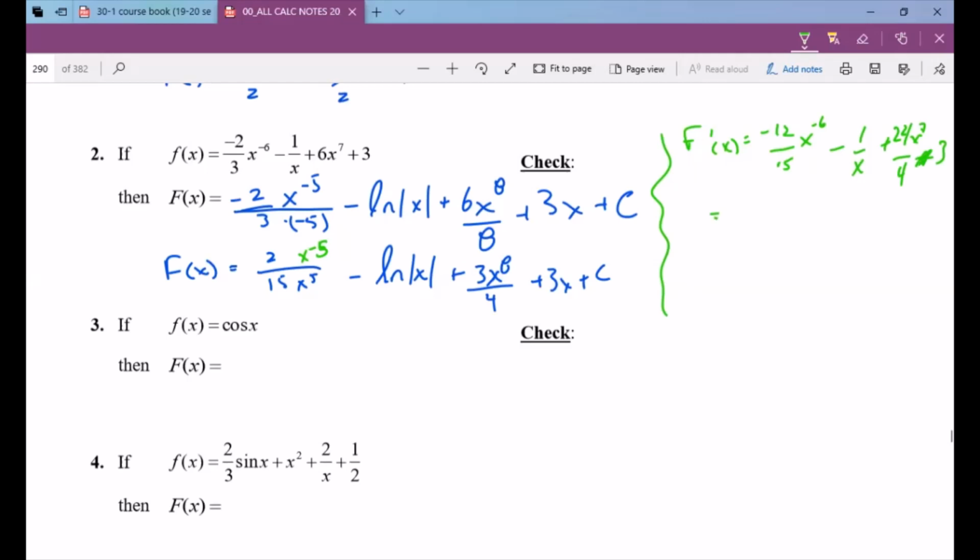Just tidying this up, 10 over 15 negative is negative 2/3 x to the negative 6, minus 1 over x. 24 over 4 is plus 6 x to the 7, plus 3, which is equal to what we started with. So the check works.